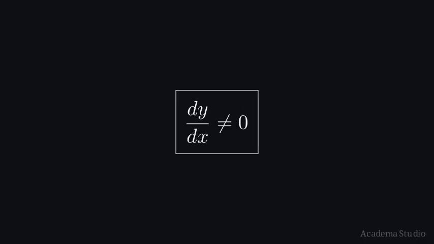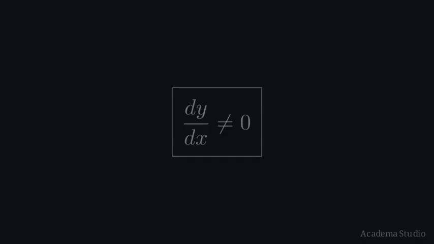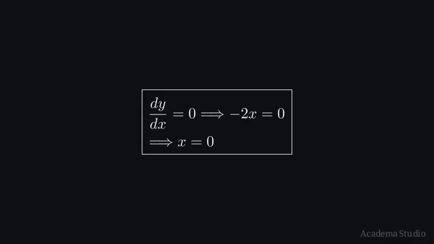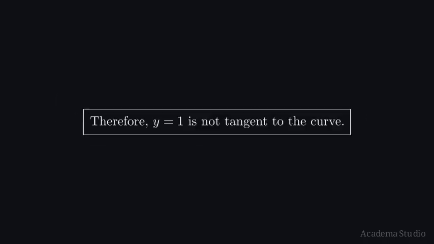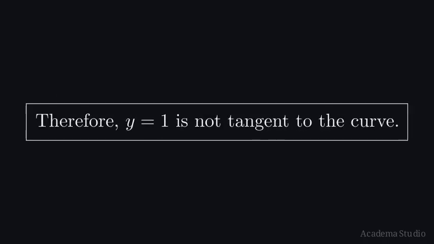The final answer: the derivative of y with respect to x is not equal to 0. Therefore, the horizontal line y equals 1 is not tangent to the curve. Substitute the known side lengths. 0 squared plus 3(1) plus 2(1) to the power of 2 equals 5, not equal to 48. Therefore, the horizontal line y equals 1 is not tangent to the curve.